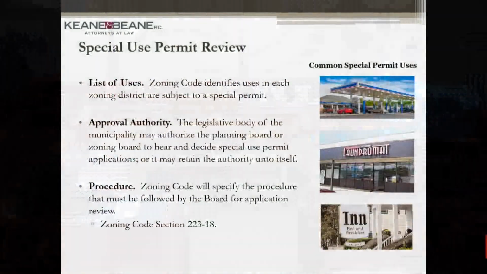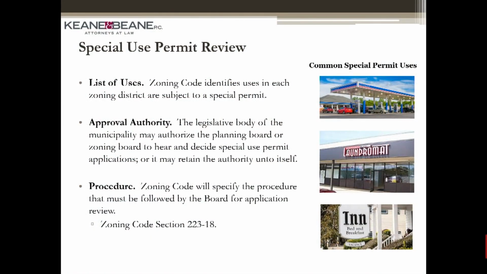So you issue a special permit that says this use conforms with the character of the neighborhood as long as it's operated from 8 a.m. to 5 p.m. And it's found that that use is operating consistently until 10 or 11 o'clock at night. Under our code, the building inspector would have the authority to revoke that special permit. So that's a pretty powerful tool.